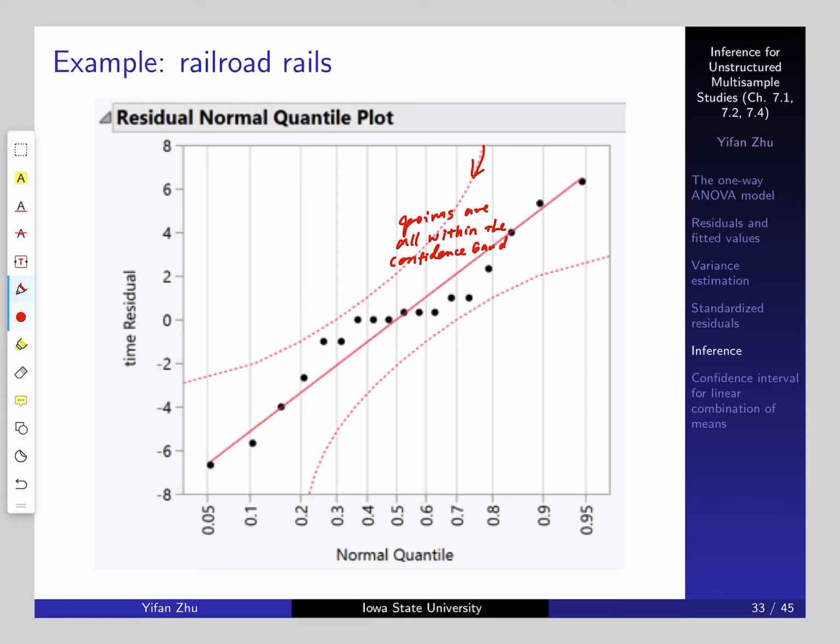These two lines are the confidence intervals. If you see in a normal QQ plot that all the dots are within these 2 limits, then this violation should not be a severe problem. Okay, so we can still assume that the normal assumption is true.